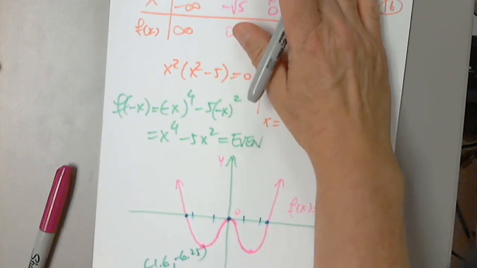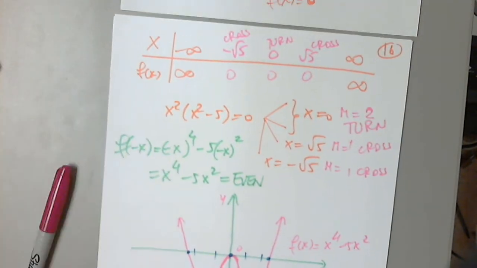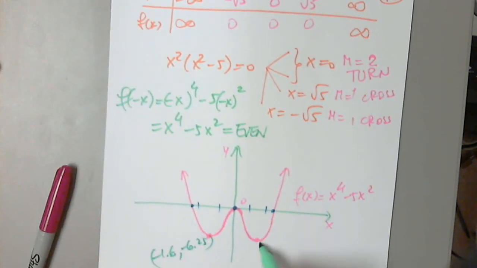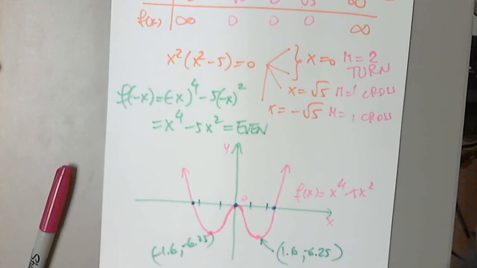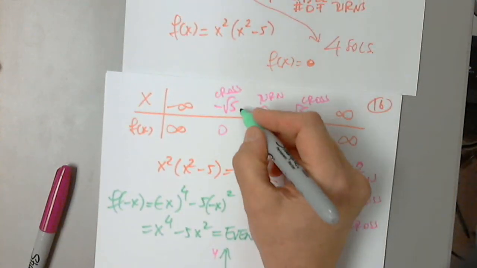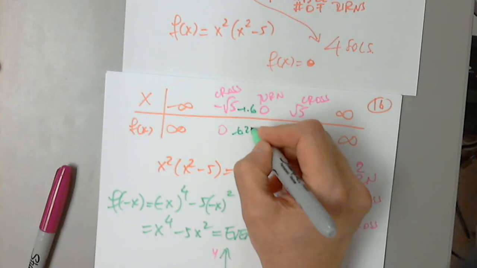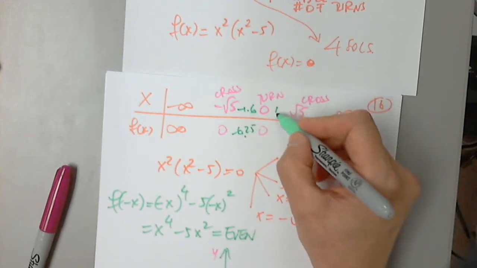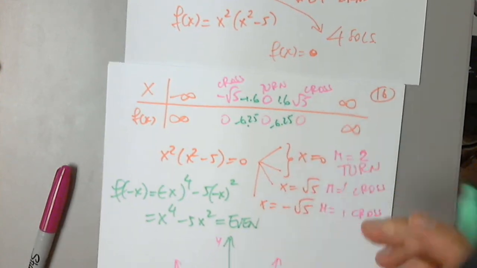Can anyone give us the other one? Exactly. 1.6, negative 6.25 has to be the same. And I will always put them in the table.